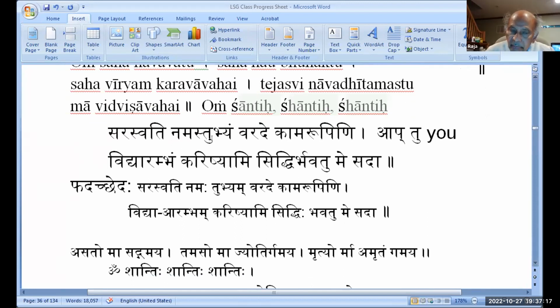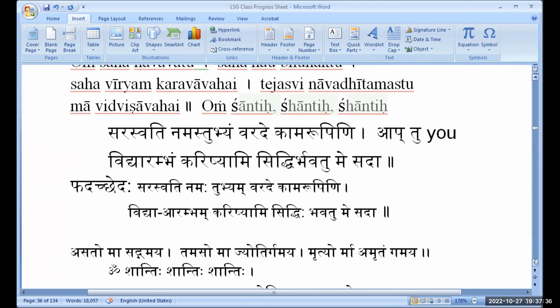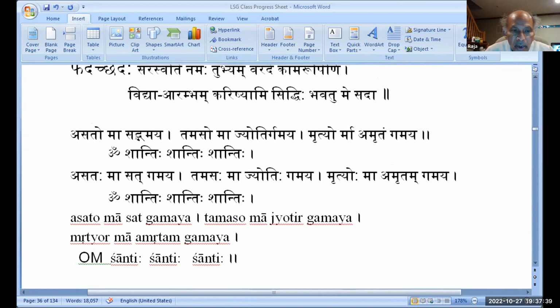Saraswati Namastubhyam Saraswati Namastubhyam Namastubhyam. Varade Kamarupini Varade Kamarupini. Vidyarambham Karishyami Vidyarambham Karishyami Karishyami. Siddhir Bhavatu Me Sada. Siddhirbhavatu me sada. Another thing we do this. Asatoma Satgamaya Asatoma Soma Sadgamaya Sadgamaya. Tamasoma Jyotirgamaya Tamasoma Jyotirgamaya Jyotirgamaya. Mrityorma Amrudangamaya. Mrityorma Amrutangamaya. Amrutangamaya.